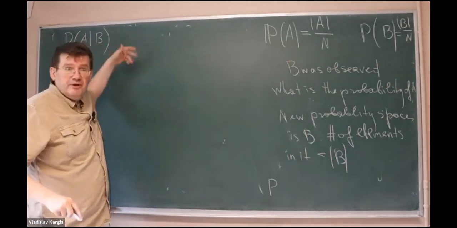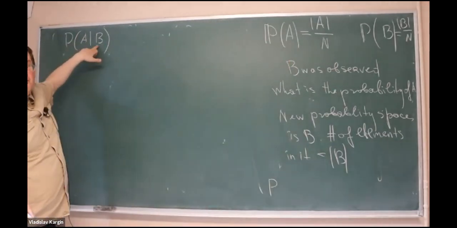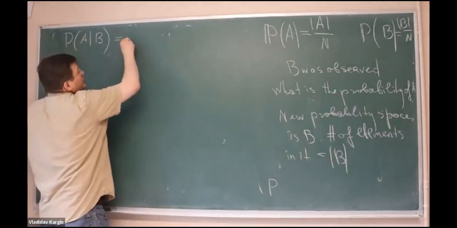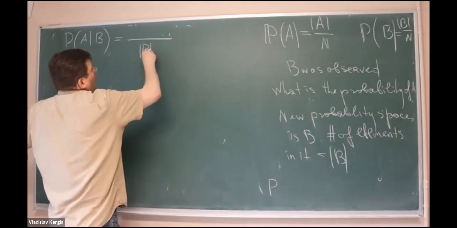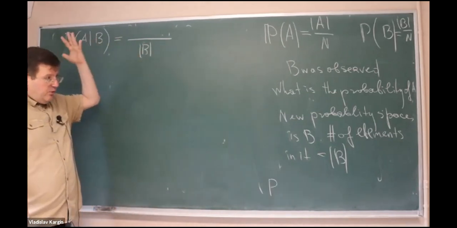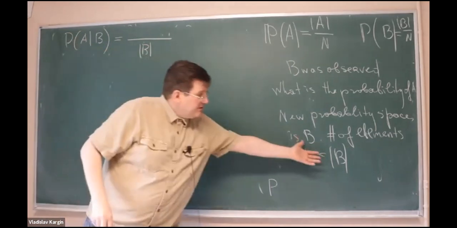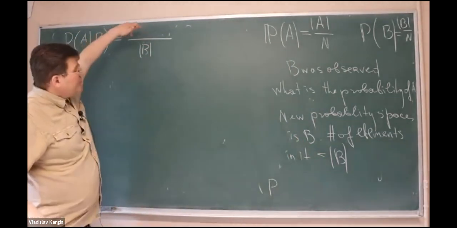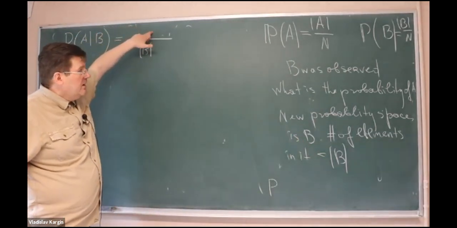It's a new thing. It's A when you observed B. So it's equal to the number of outcomes in A, over all possible outcomes consistent with B. Now you need to figure out what goes here.